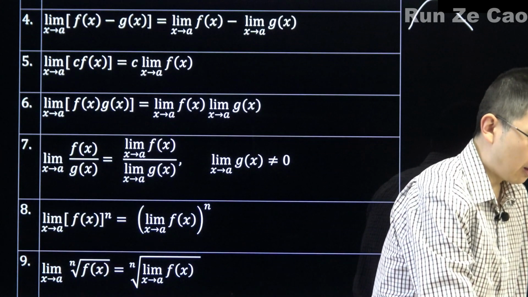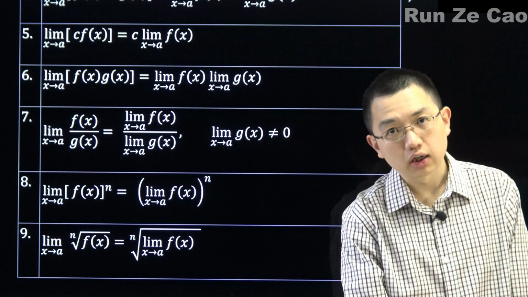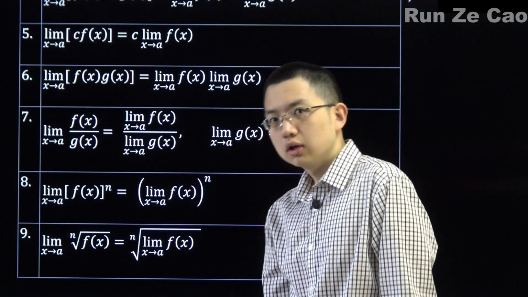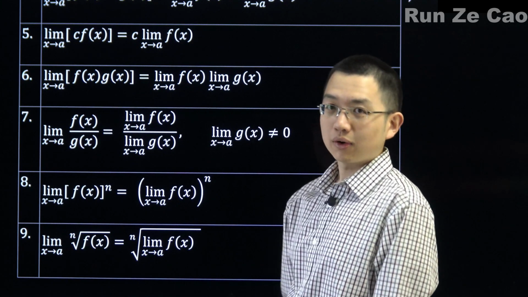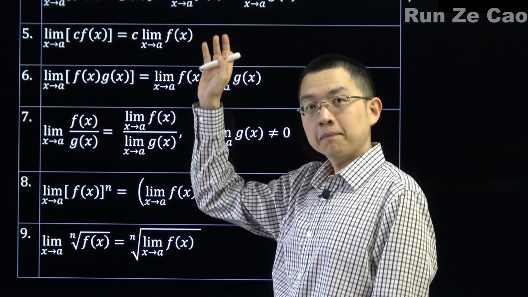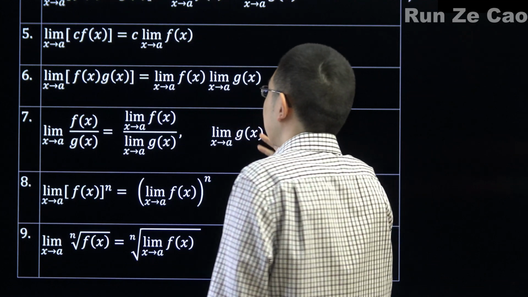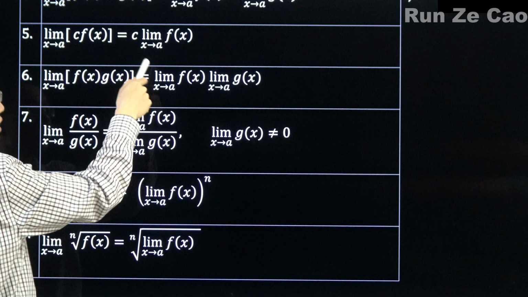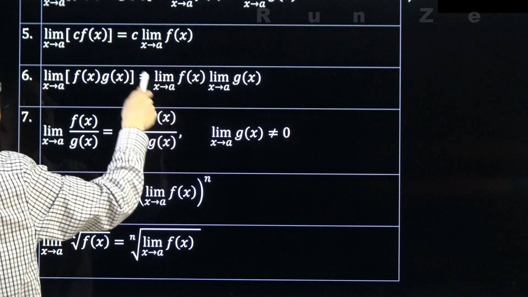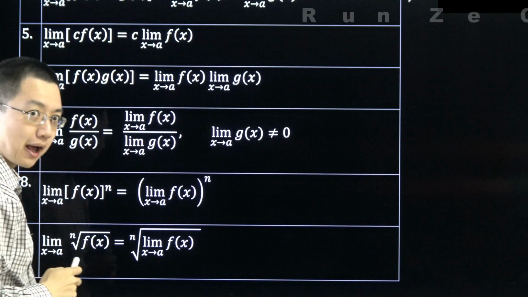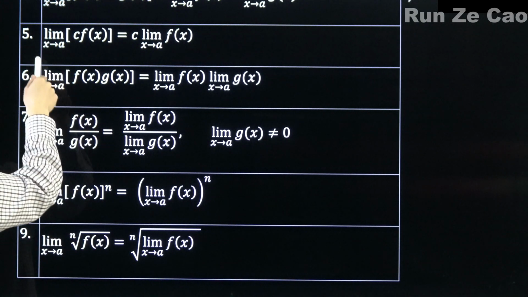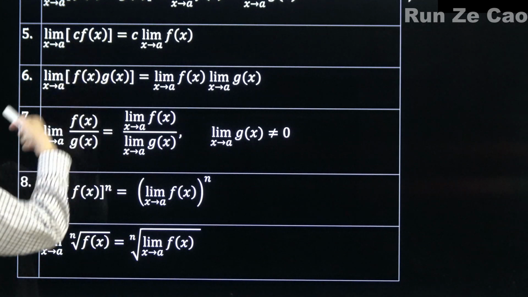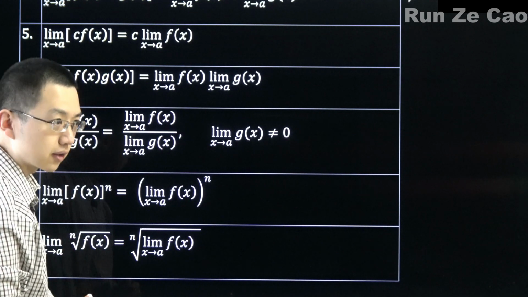Okay, so what happens when you multiply a function? Well, you're just adding a bunch of the same function together. This is just like way back when we learned multiplication and addition. So you multiply the limit as x approaches a of f of x by whatever constant you're multiplying by, and that's equal to the limit as x approaches a of c times f of x.